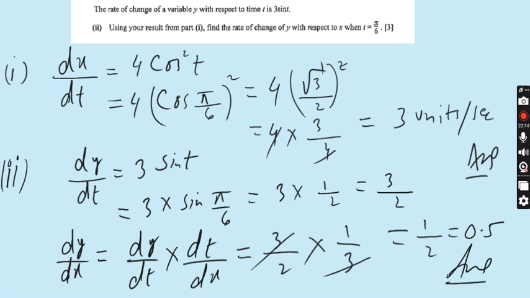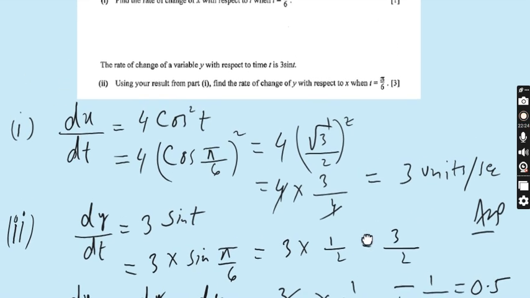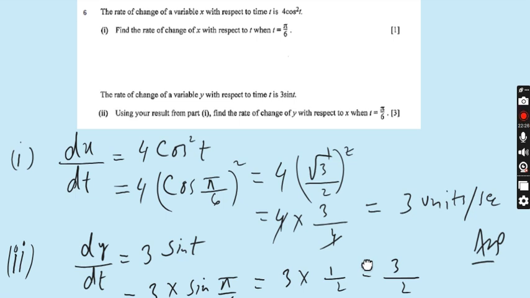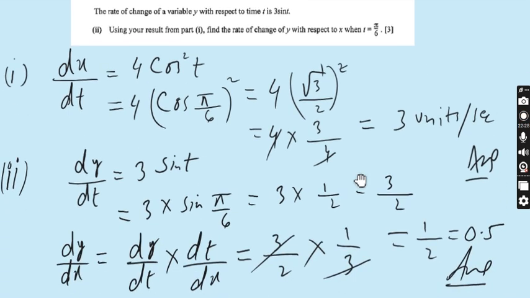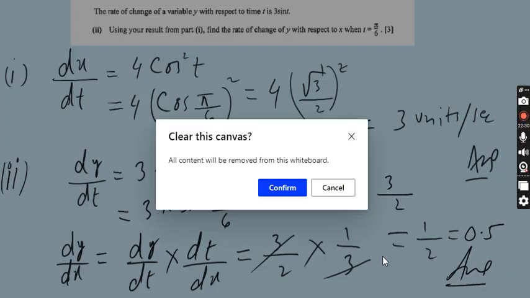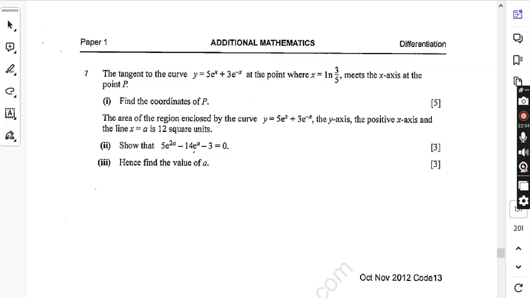So it is very easy question. Move to next question. Previous question, question number 6, was very important. This is also important, but as compared to question number 5, this is so easy. Next question. Question number 7.